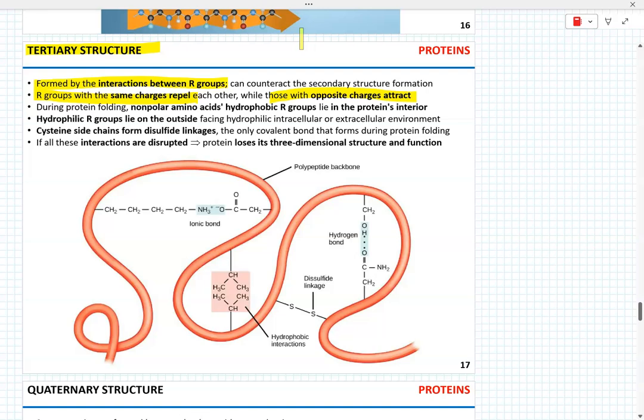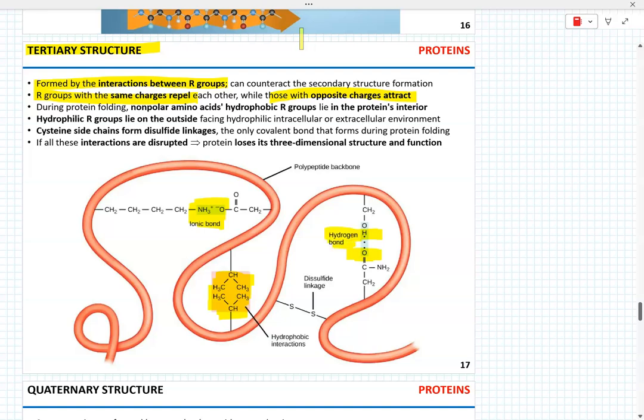For instance, if you look at this, the positive charge on the amino group and negative charge on the carboxyl group facilitate the formation of an ionic interaction. Hydrophobic side chains can interact and be attracted to each other due to hydrophobic interactions. Partially positive hydrogen and partially negative oxygen of two different side chains can result in the formation of a hydrogen bond.